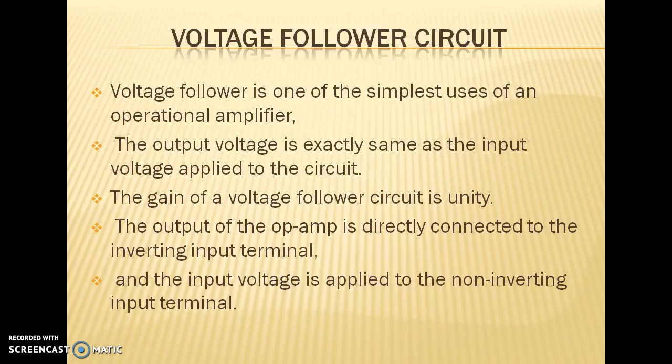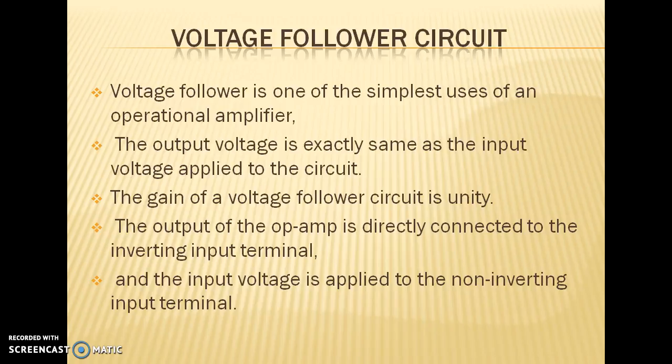Next, we come to one of the major applications of operational amplifier in non-inverting configuration, the voltage follower circuit. Voltage follower circuit is one of the simplest uses of an operational amplifier. The output voltage is exactly same as the input voltage applied to the circuit. The gain of a voltage follower circuit is unity.